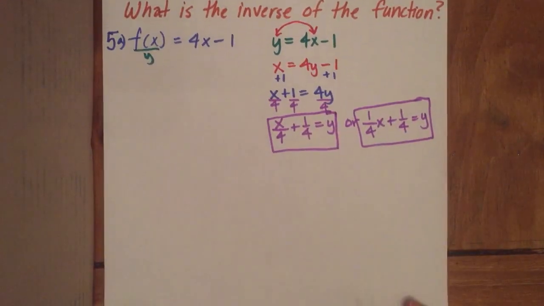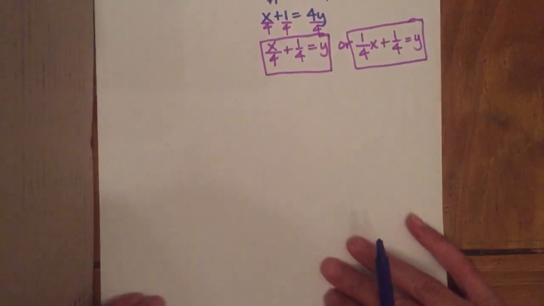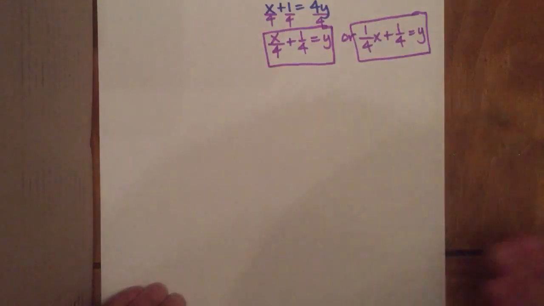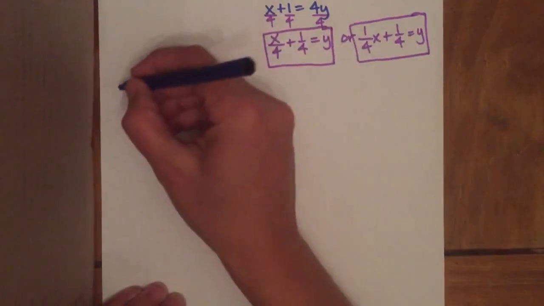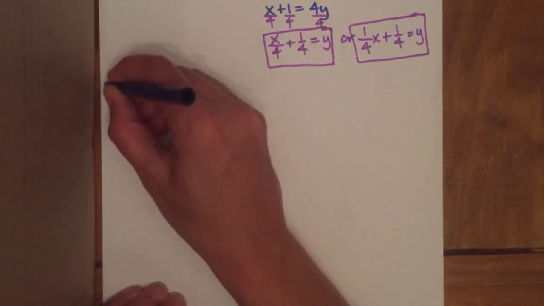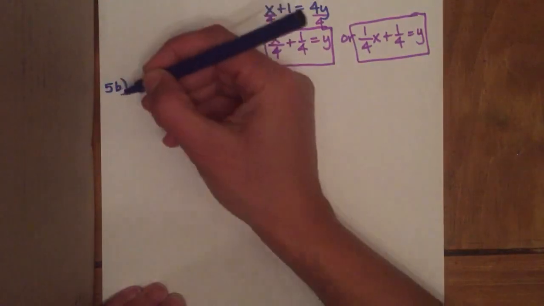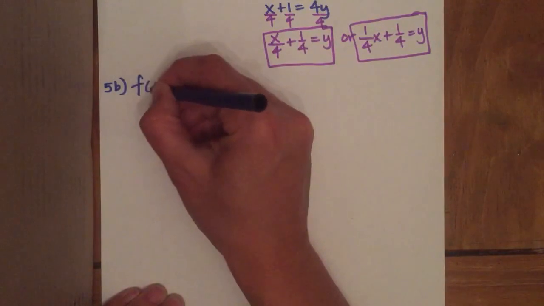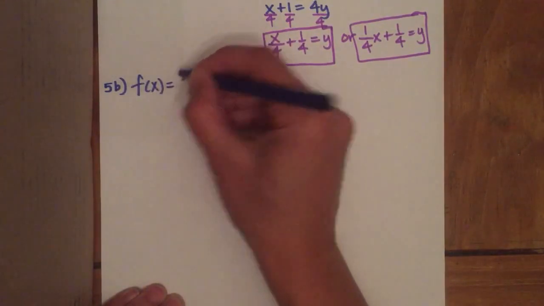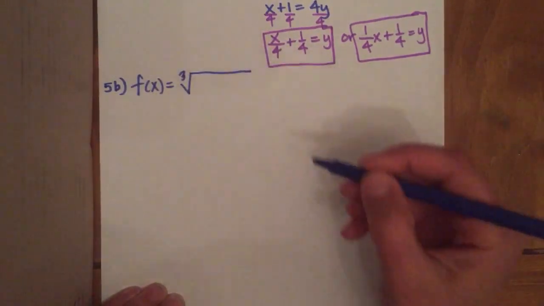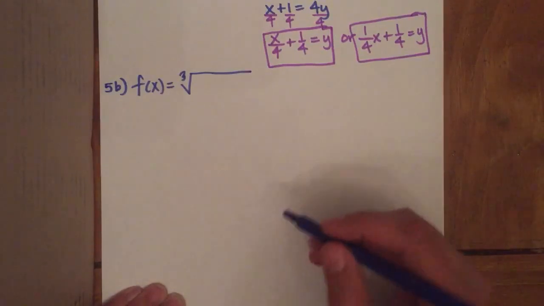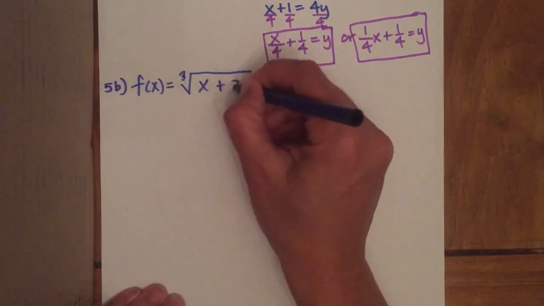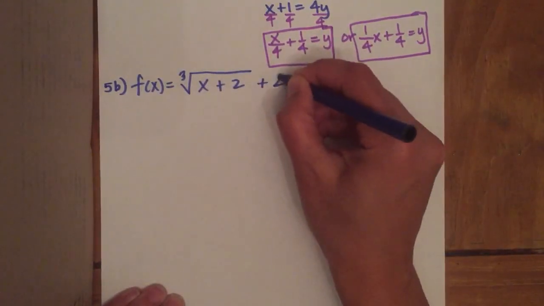So let's look at a second example. I'm going to move up here, and let's look at example 5b. 5b gives you f of x equals the cube root of x plus 2, plus 4.